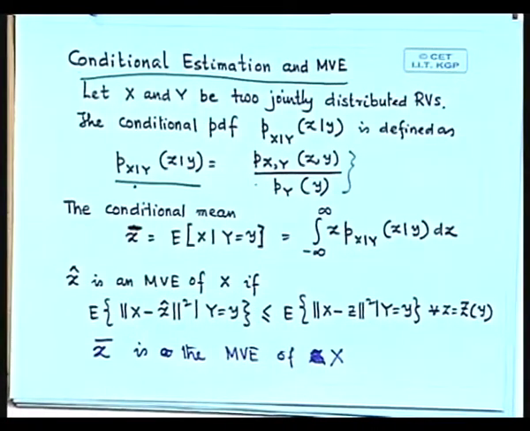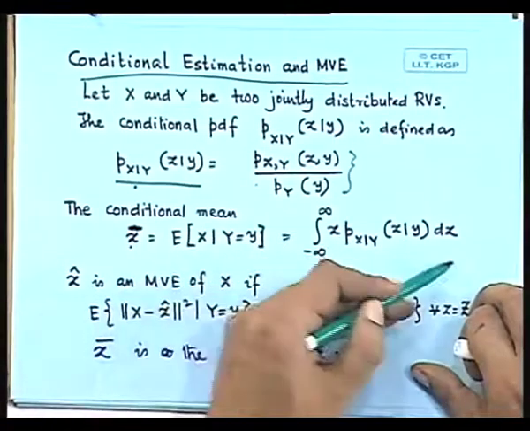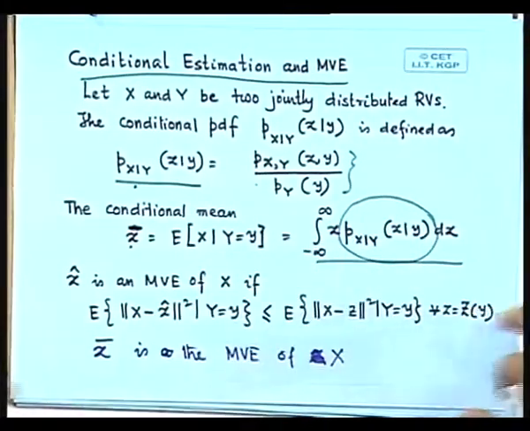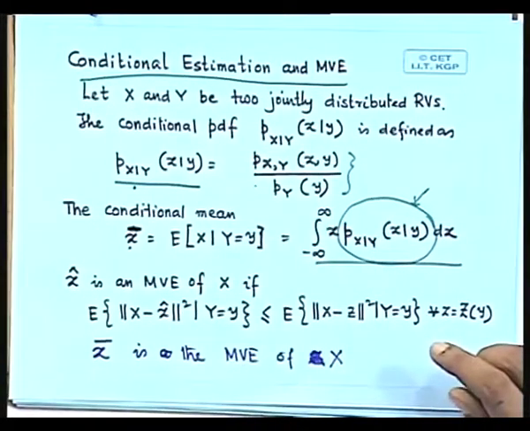Now what is the conditional mean? We are interested in finding the conditional mean. Conditional mean is just the mean according to the conditional distribution. For any distribution, what is the mean? Integral of x f(x) dx. Only since this is a conditional mean, we have to put in the conditional distribution, right?